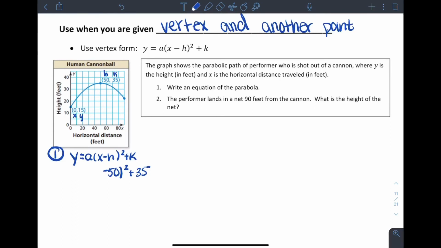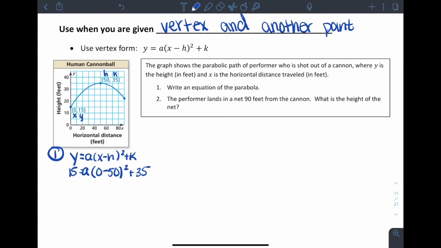So I can go ahead and plug in 0 for x and 15 for y, okay? So the only thing I don't know is a, and if I only have one variable in an equation that I don't know, I can go ahead and solve for it. So I just need to solve for a. I knew an x value, I knew a y value, I know my h, I know my k, and now I'm going to solve for a.